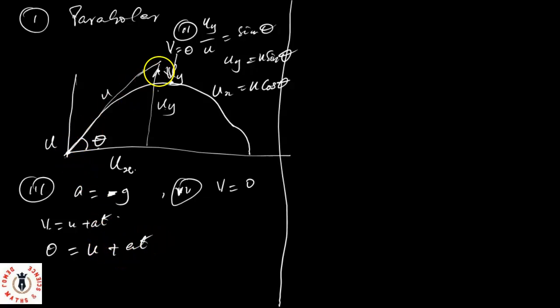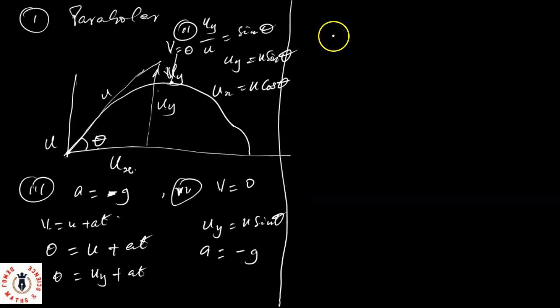If I'm going upwards, I am moving under the vertical component of u, so 0 is equal to uy plus at. Remember that uy is equal to u sine theta, and since it's going upwards, a will be the same thing as negative g. So 0 will be equal to u sine theta minus gt.